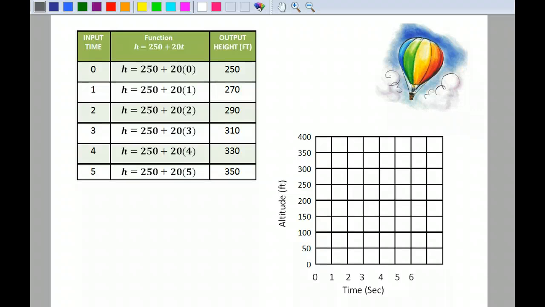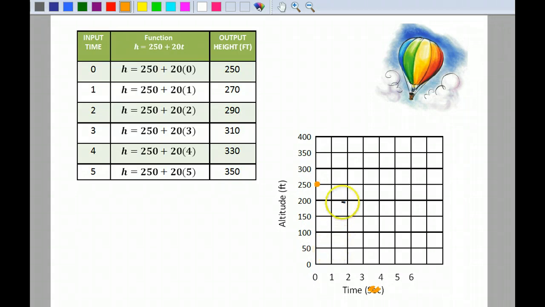So now let's take a moment and graph this and see what we end up with. I'm going to use orange so you can see it. So at time 0, and I put seconds and it should be minutes, it'll be at 250. So that's just the height the balloon was cruising at.